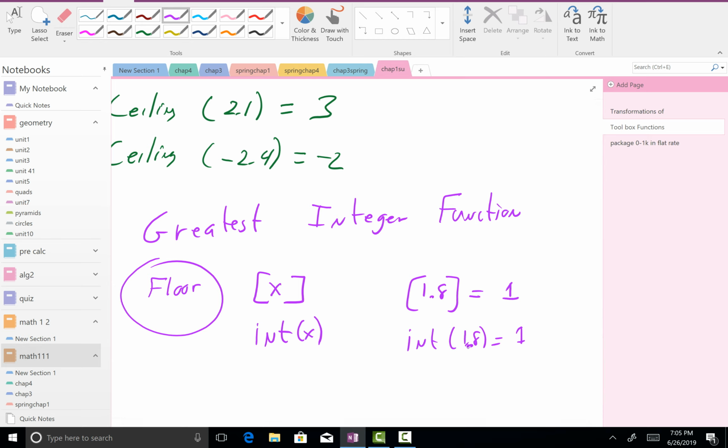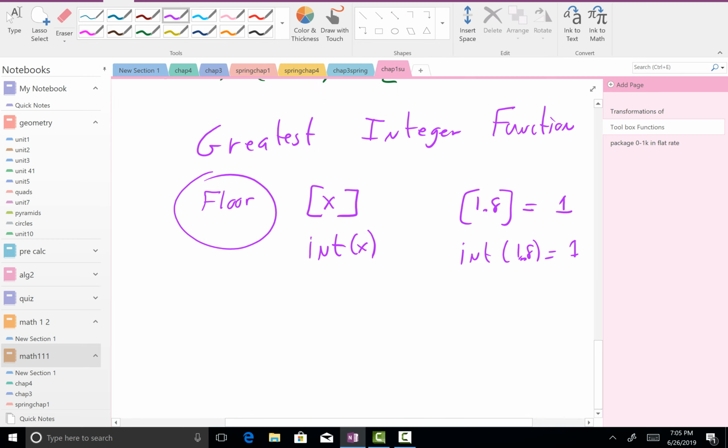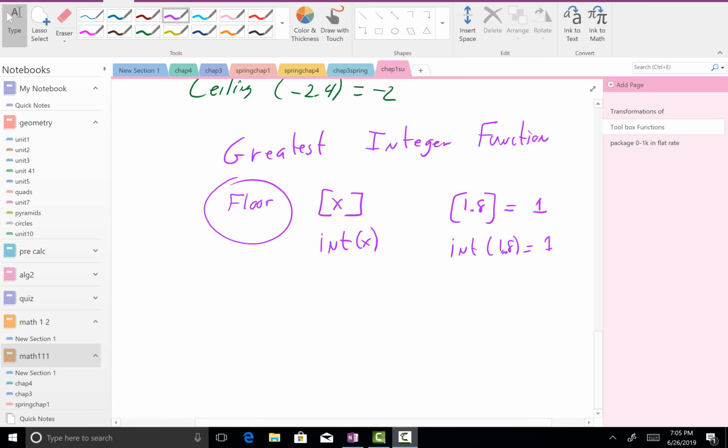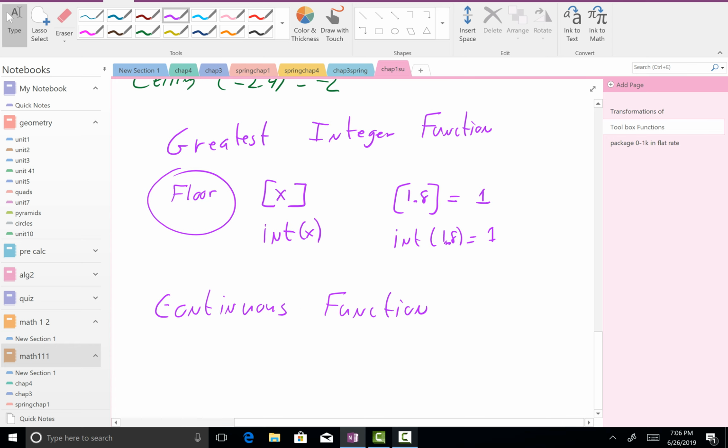All right, so if I can trace the graph of the function without lifting your pen, pencil, whatever you have, the function is continuous.